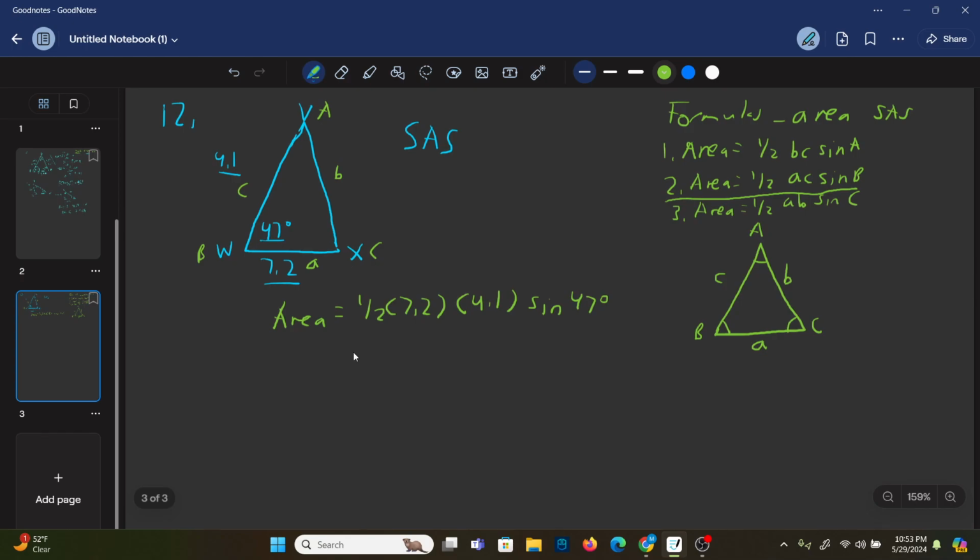If we put that into our calculator, that would equal 10.79, and for area we would just use units squared.